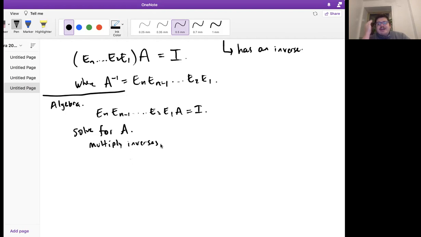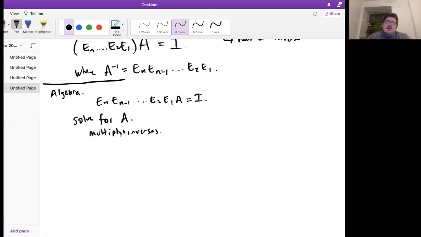I can't just do it randomly, because remember, you can't flip-flop two matrices necessarily. So how could I solve for A? Think of A as trapped by all these E's. The first step to get rid of these E's, what inverse would you need to multiply by?